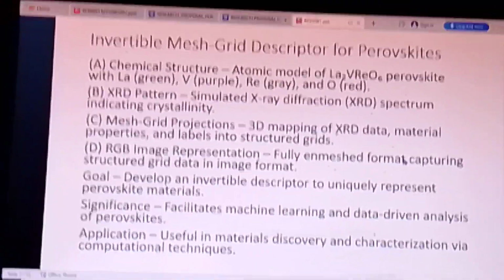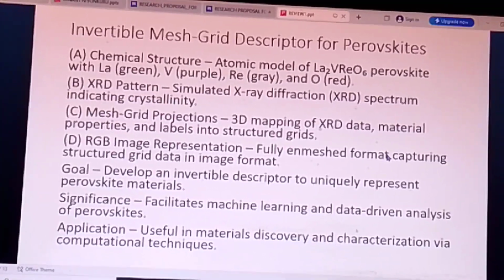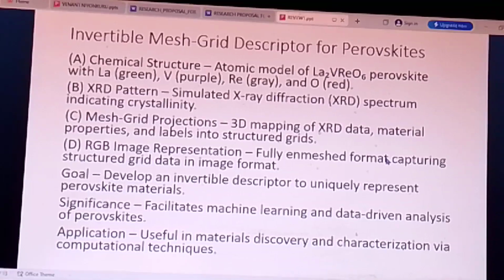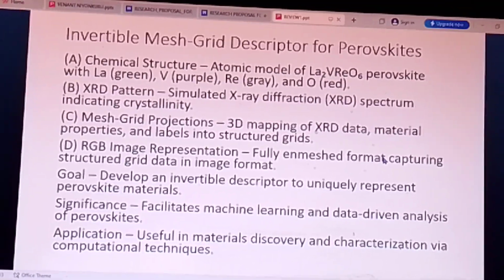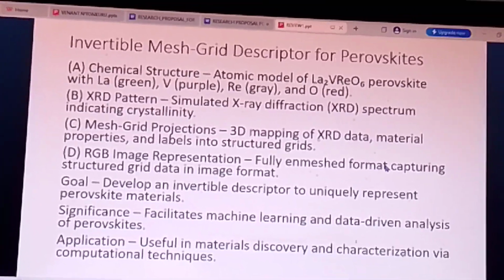There is A, which is a structure atomic model for the Ba2VReO6 perovskite, with green, V purple, red gray, and O red.